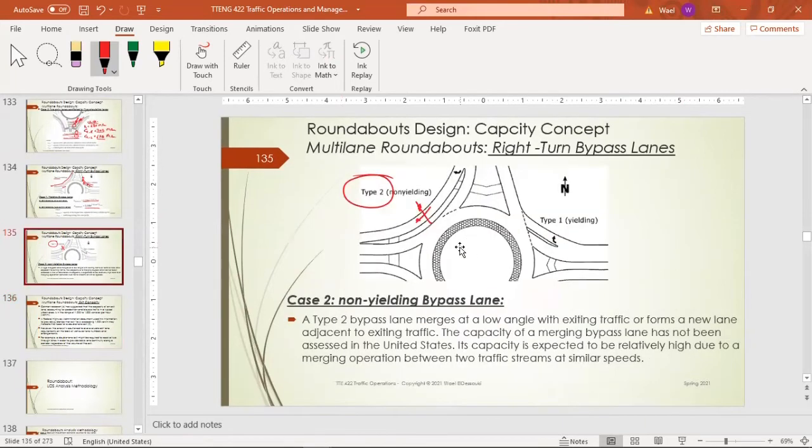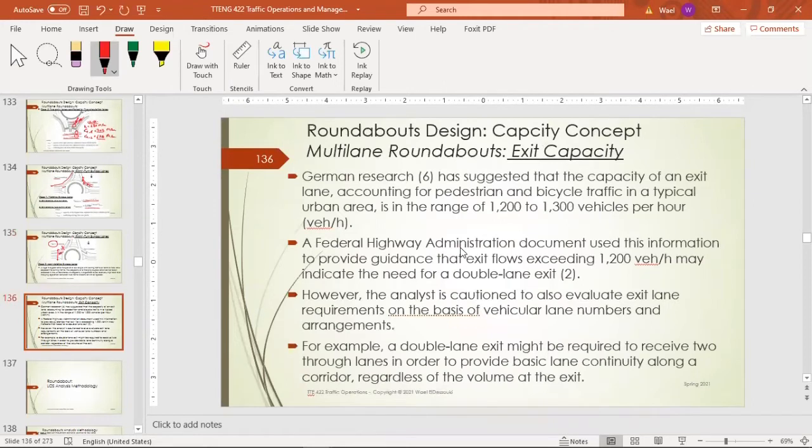Basically, there are pedestrians crossing here, and vehicles are supposed to yield to pedestrians. So if there is a vehicle that wants to exit from here and there is a pedestrian crossing, the vehicle must yield and stop for the pedestrian. Based on that, the German research in this reference suggested that the capacity of an exit lane should be in that range.